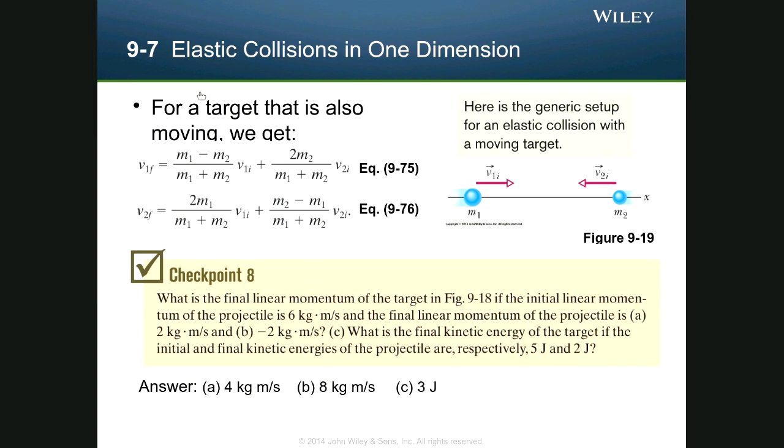So we know that M1 V1 initial is equal to 6 kilogram meters per second, right?